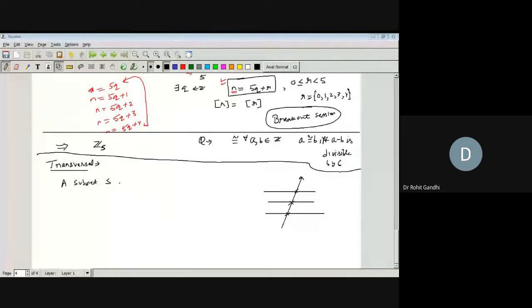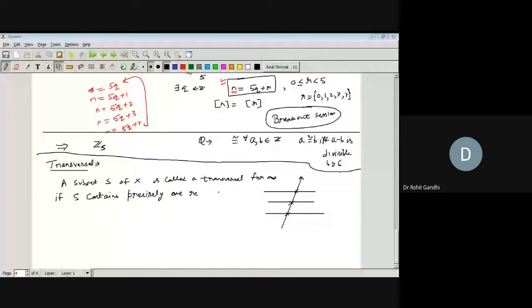A subset S of X is called a transversal, for a relation, I am writing the relation as this, if S contains precisely one representative.